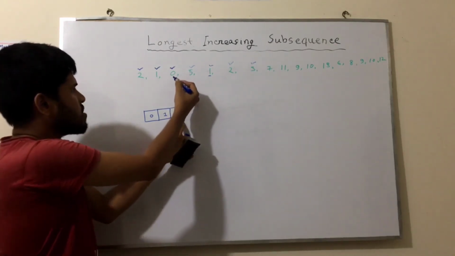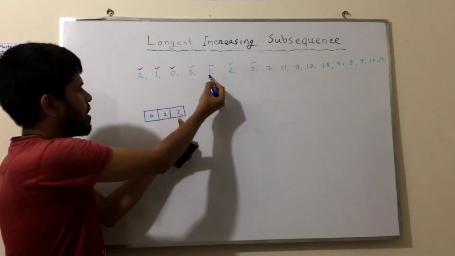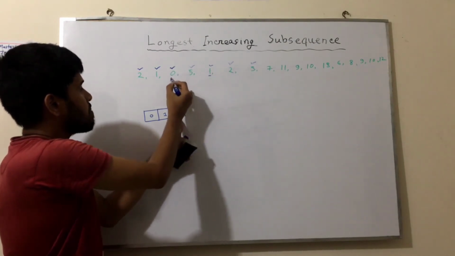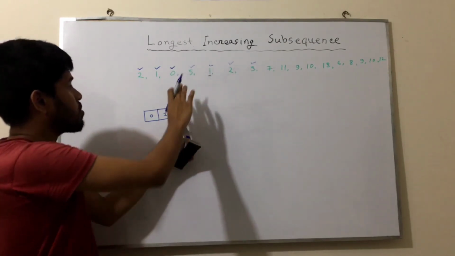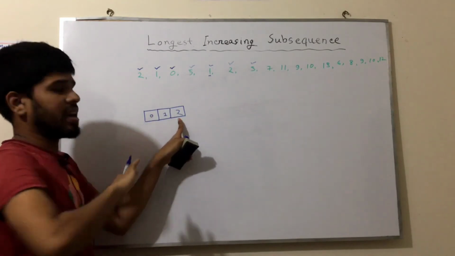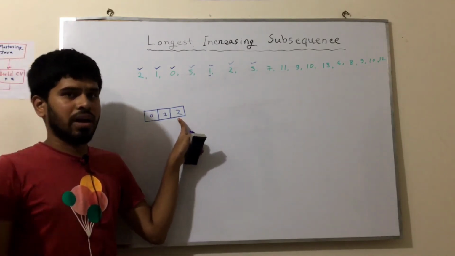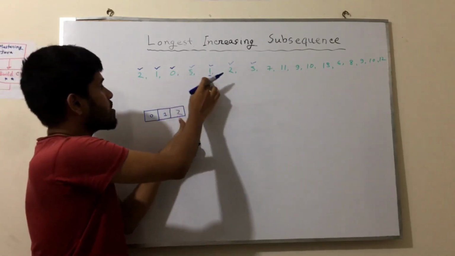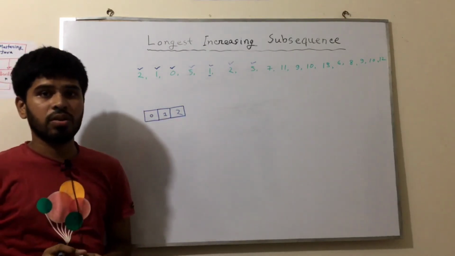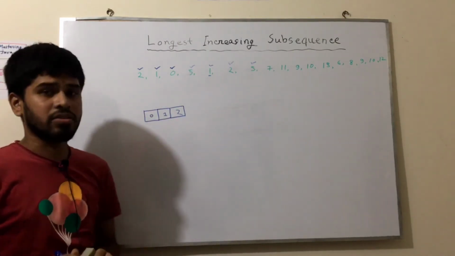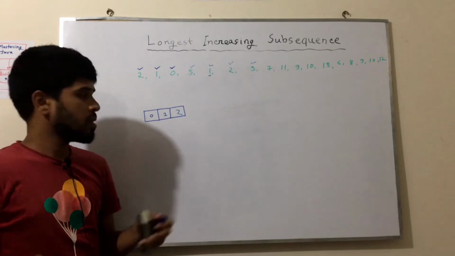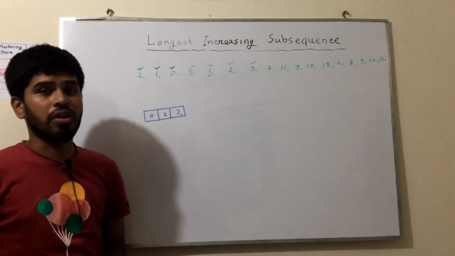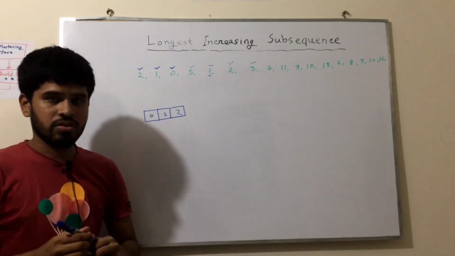We have 0 and 1 which are less than 2. That element can be 0, 1 or other elements, it doesn't matter, but we have a relative order. We might have different elements here, but this array will be in sorted order, so we can apply binary search.